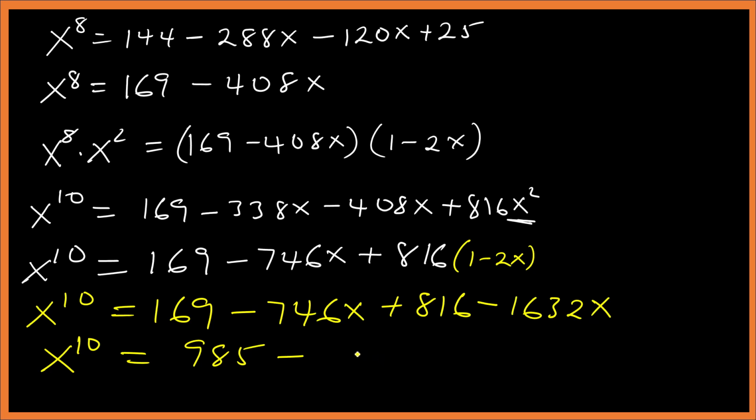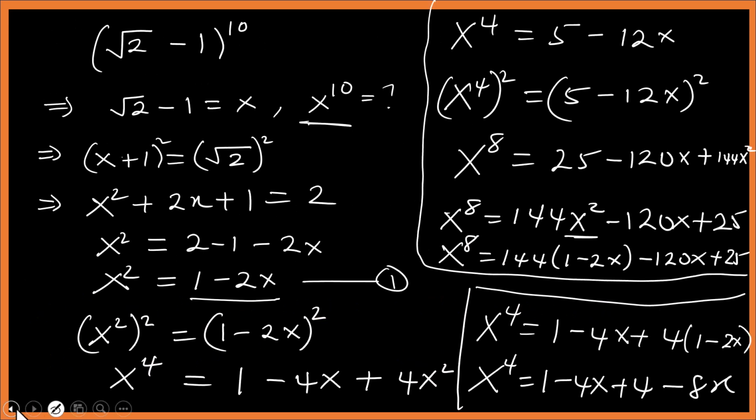We have 2378x. Okay, but remember x is square root of 2 minus 1.